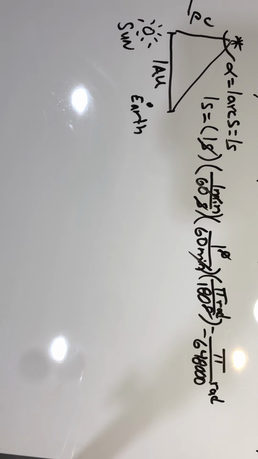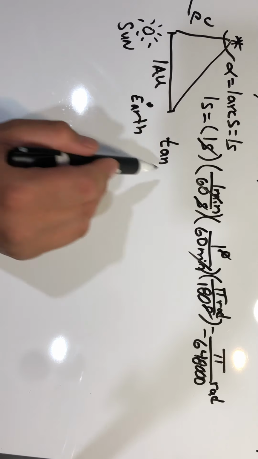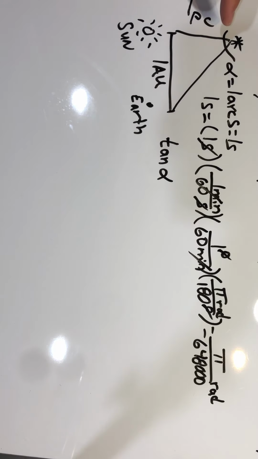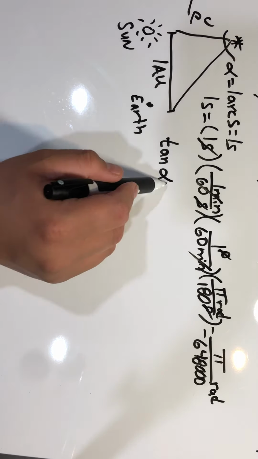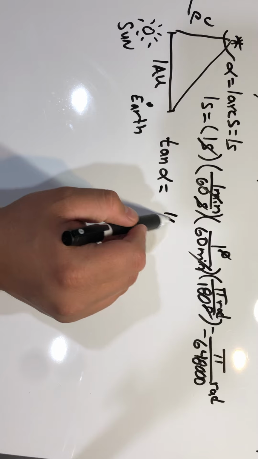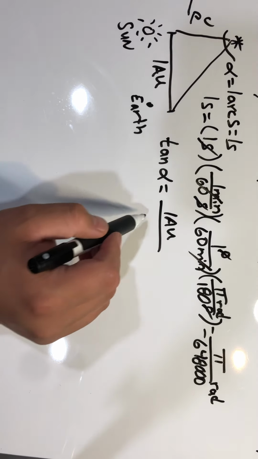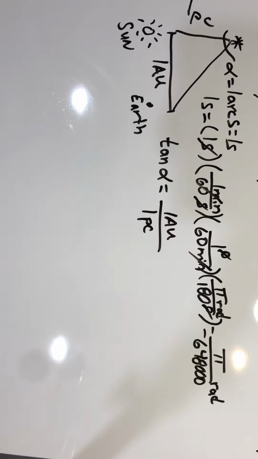Okay, now to find the distance of a parsec, we're going to do it as follows. We use basic trigonometry, and we write down tangent of alpha, that's tangent of that angle, is equal to the opposite leg of the triangle, which is 1 astronomical unit, divided by the closest leg of the triangle, which is 1 parsec. 1 parsec, okay?